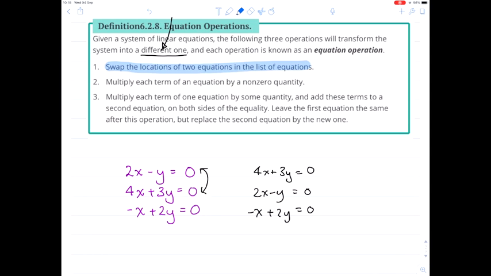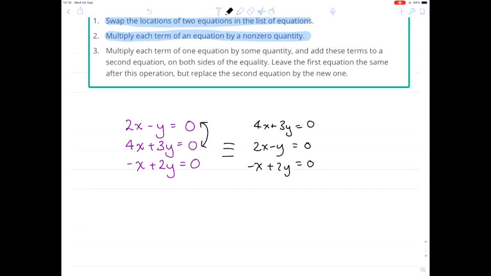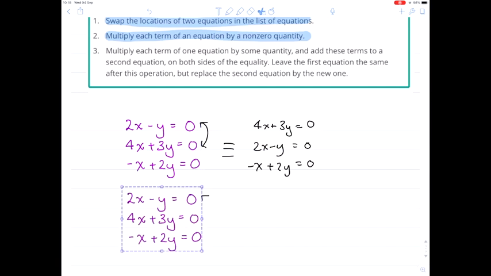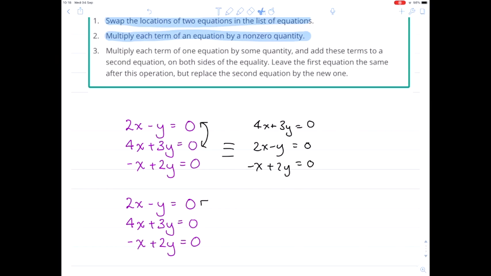Now let's have a look at the second thing that we can do. We can multiply each term in an equation by a non-zero quantity. So I'm just going to mark here that these two systems are equivalent. Again, if we have a look, now imagine that I multiply my second equation by minus 2. So I didn't do anything to my first equation.